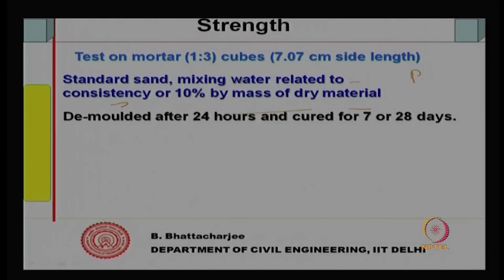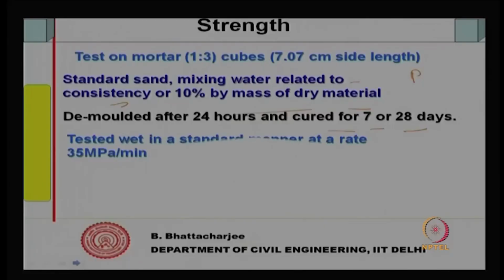So, these cubes are cast, demolded after 24 hours and cured for 7 or 28 days. This casting is done in a standard manner, even compaction is done in a standard manner. The vibration has to be in a standard mold, standard vibrating machine, everything else is standardized. You use standard cement, standard sand, only cement is the variable.